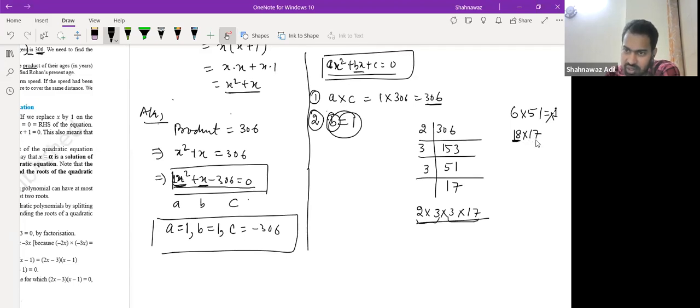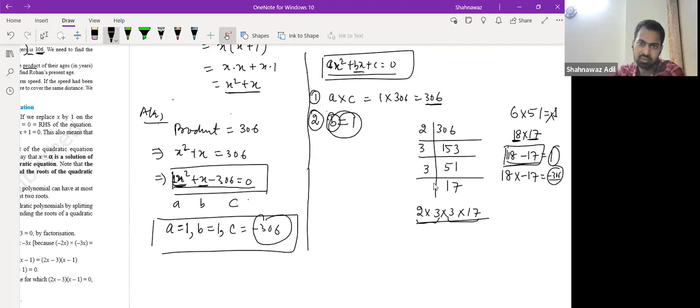Absolutely right. So 18 and 17 would give me what? 18 minus 17 would give me 1. And the product of 18 and minus 17 would give me minus 306, which was A into C. So I am getting minus 306 and I am getting B. So this is the correct combination: 18 and minus 17.